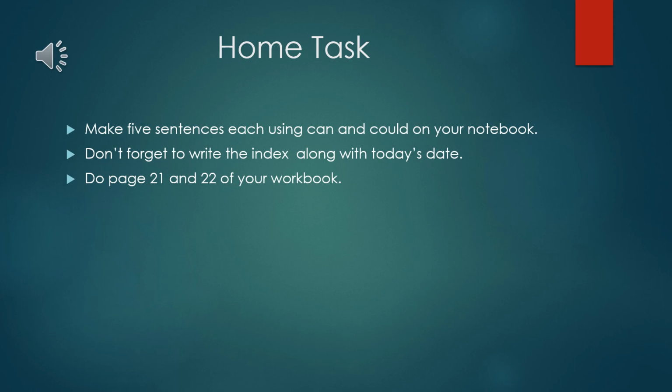And you have to do page number 21 and 22 of your workbook as well. When you open these pages you would see at the left corner it says what do you know and what do you want to know. That means you have to brainstorm some ideas in your mind and then reproduce them in the form of writing. So I would appreciate it if you do this part yourself, okay?